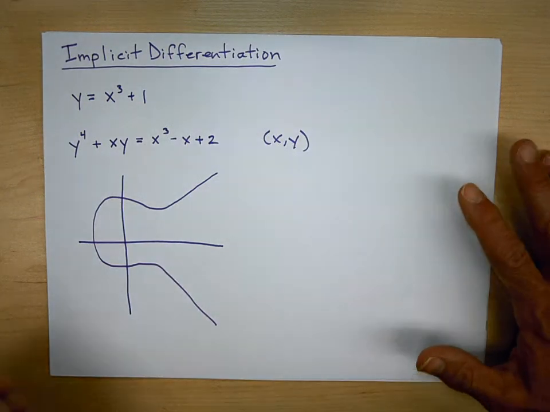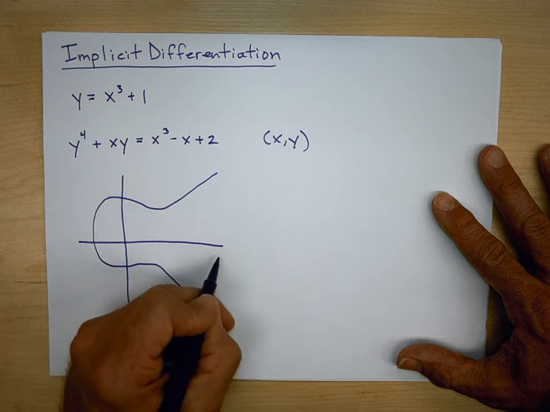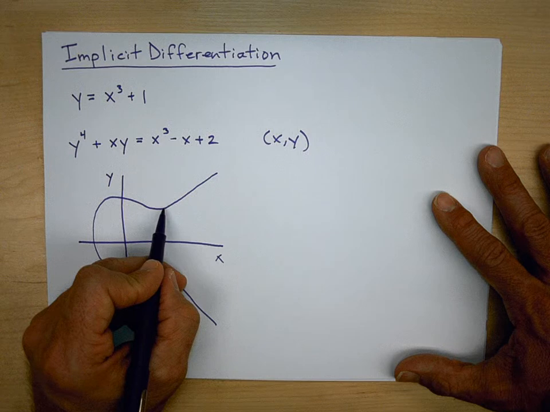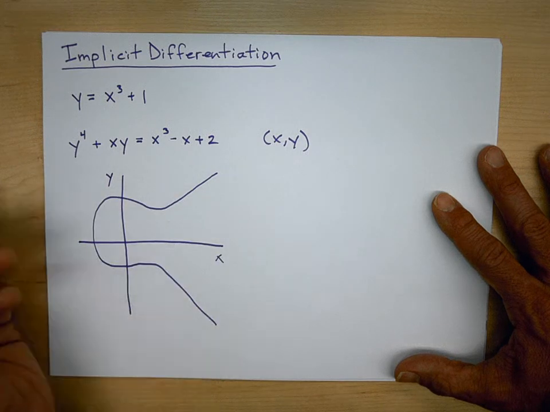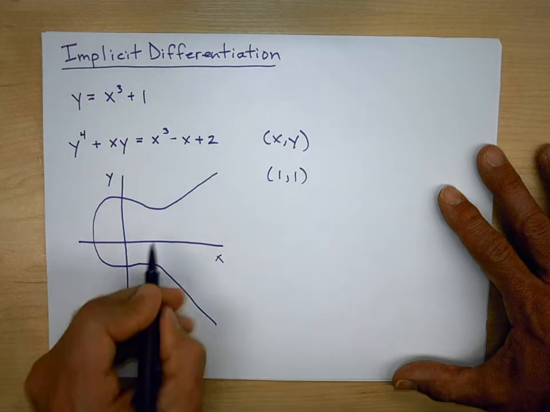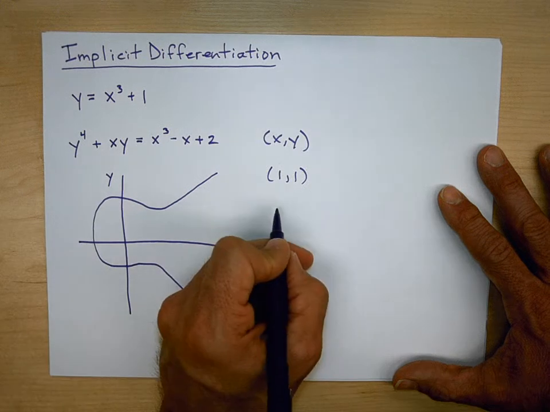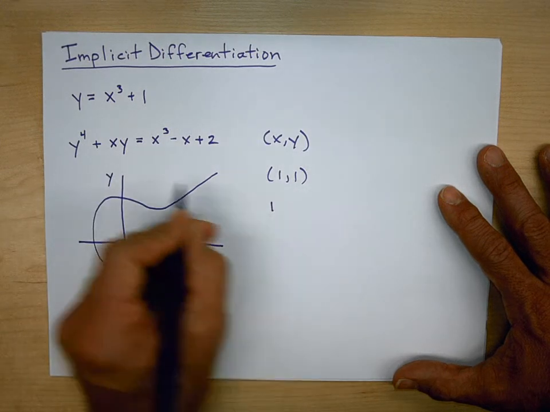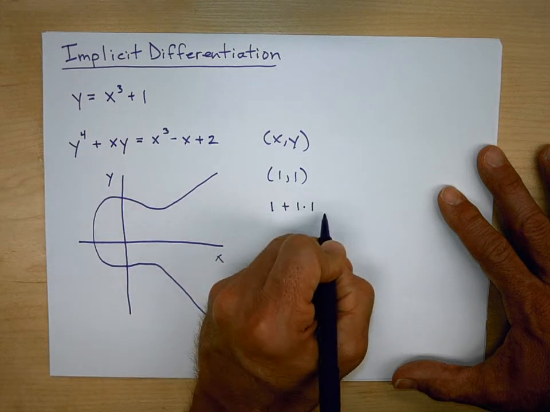It's not completely symmetric, and this is the x, y axis. Each point on this graph satisfies this equation. For example, the point 1, 1: we can show it's on this curve by showing that it satisfies the equation. Putting in 1 for y and 1 for x, 1 to the fourth is 1, plus 1 times 1.